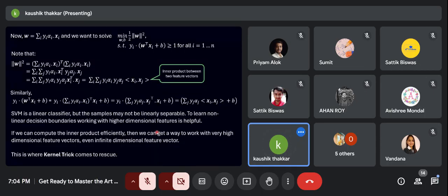Now, as I have told you, the complete optimization problem in SVM can be written in terms of xi and xj through their inner products only. If we have to deal in a higher dimensional feature space, then we have to calculate these inner products, right? And xj's and xi's will no more be in their original dimensions.